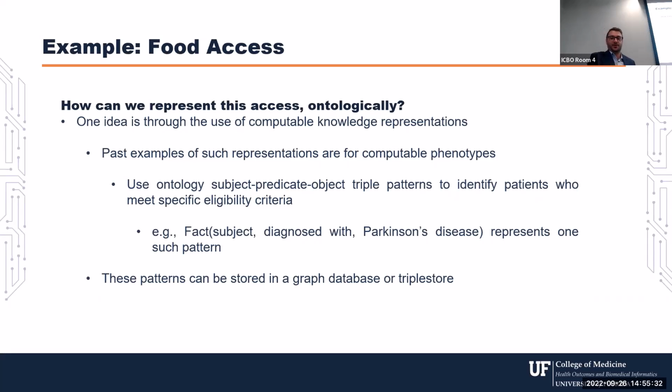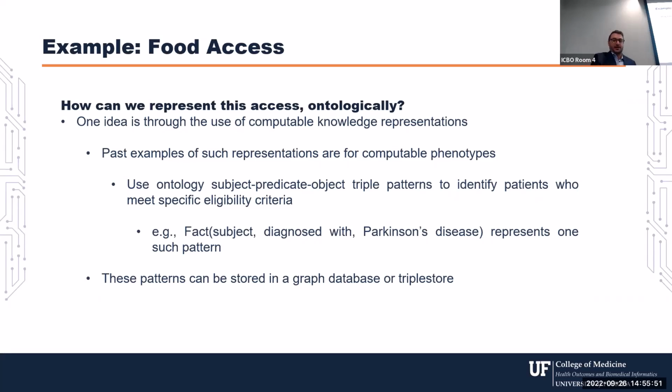And so an example of a computable phenotype is here. It basically follows an ontology subject predicate object triple pattern. And it'll usually use a set of these patterns to identify a patient who meets a specific set of criteria.